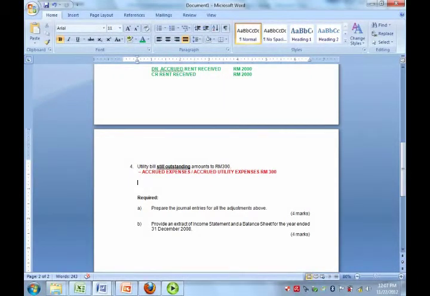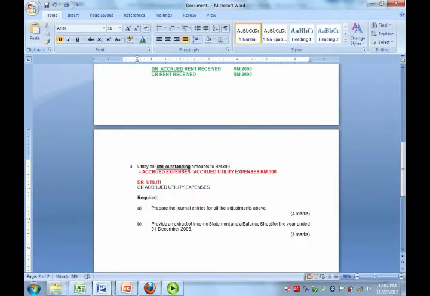Current liabilities, because we are still outstanding, still owing the utilities bill. So automatically it is considered as credit because it is current liabilities. Credit accrued utility expenses. Automatically class, what is your debit?